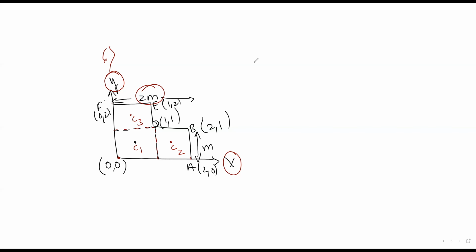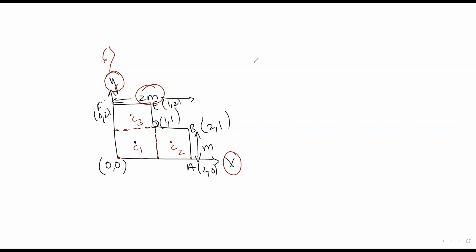Therefore, the lamina is uniform. By symmetry, in the diagram, C1, C2 and C3 are the center points of the squares, their geometric centers.